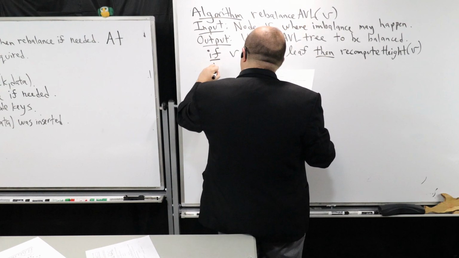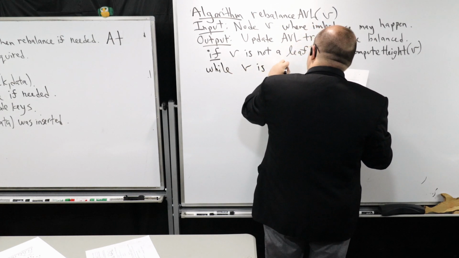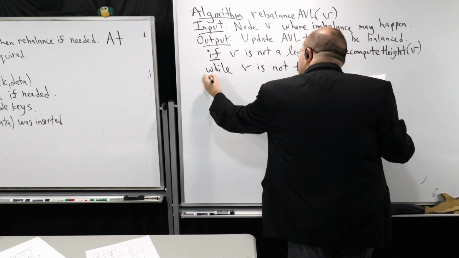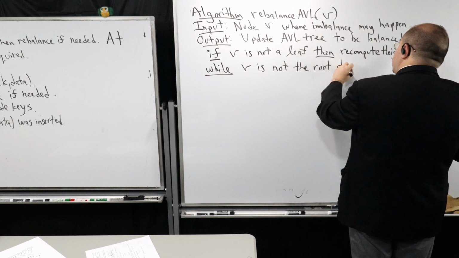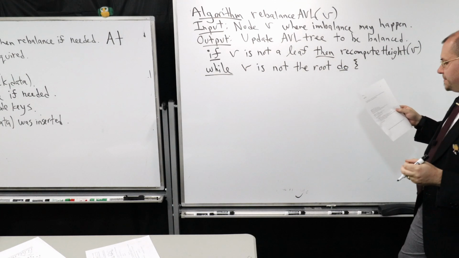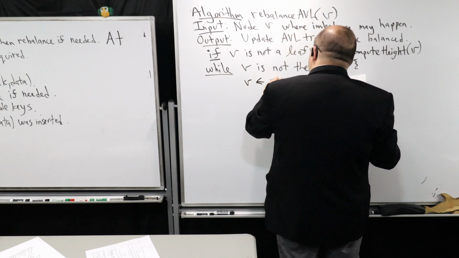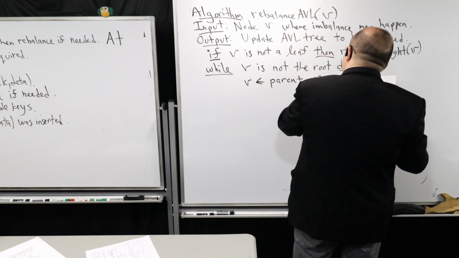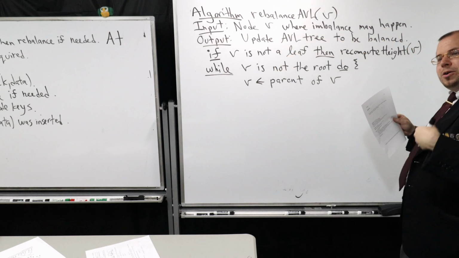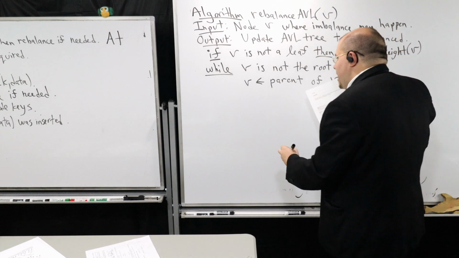Now we're going to have a while loop. While v is not the root, we're going to do the following. I'm going to assign v to be the parent of v. So I'm going to work my way up the tree. Every time I'm going to examine that node to see if it violates the height balance property.